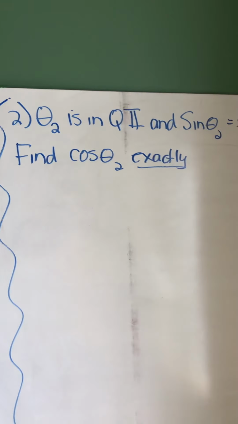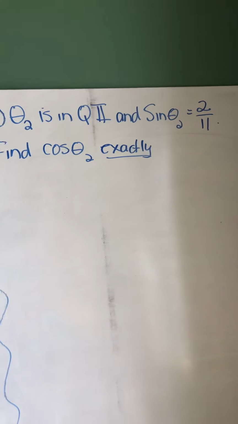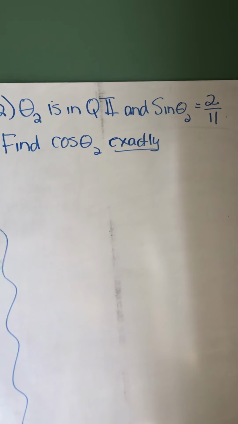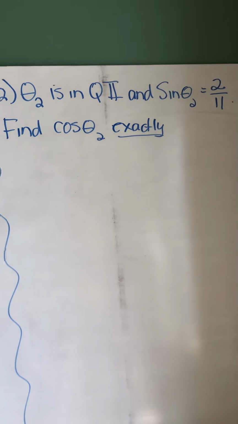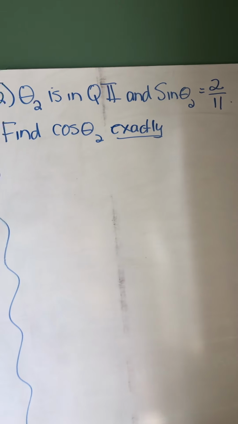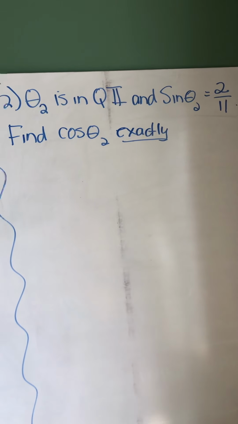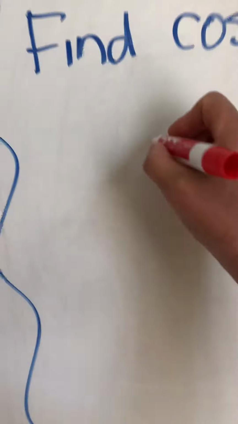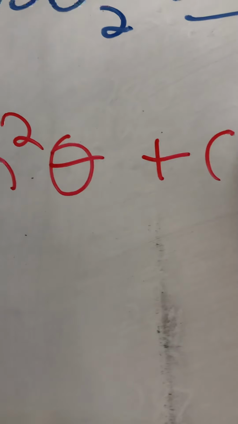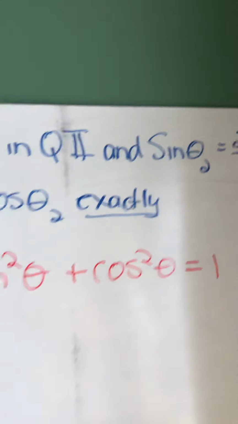Theta sub 2 is in quadrant 2. And sine of theta sub 2 is 2/11, and they want you to find cosine of theta sub 2 exactly. Let's do the same thing we did. Let's write the Pythagorean formula. Sine squared plus cosine squared equals 1. There we go.